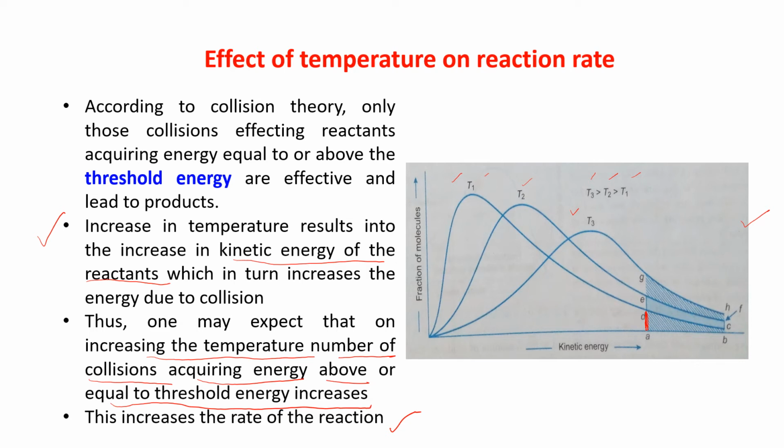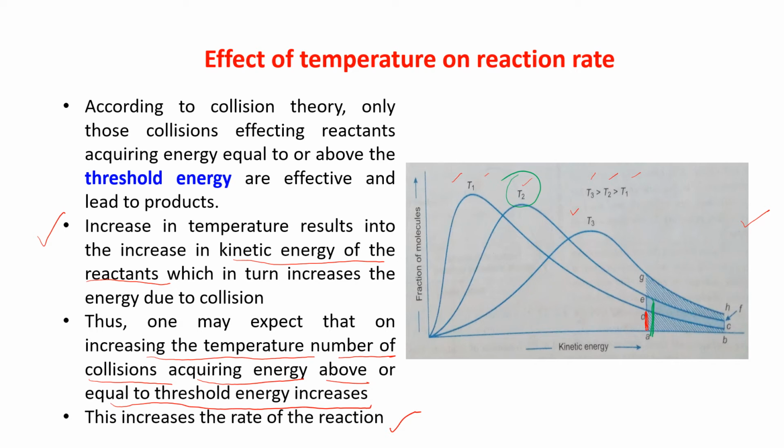Now increase the temperature, that is go to temperature T2. See, at temperature T2 the effective collisions are E to A. That means this much amount of product will form, so the product forming is much higher than the first one.